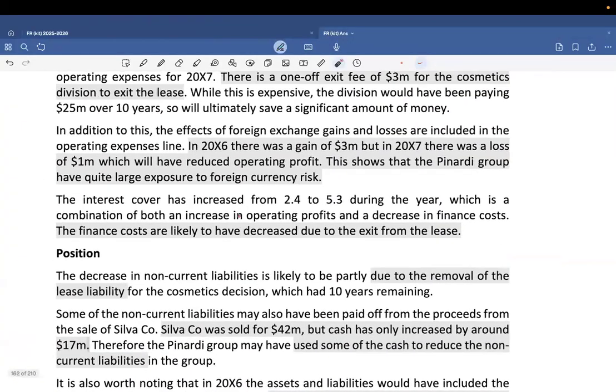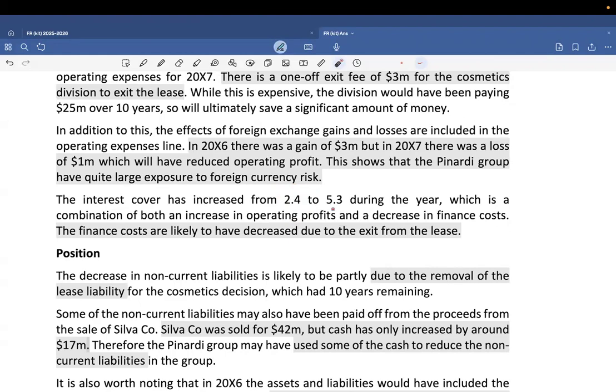Now, the interest coverage ratio. The interest coverage ratio has been good; from 2.5, it reached 5.3. This is due to the fact that the finance cost has been lowered and the operating profit margin has increased, so the numerator is greater than the denominator, basic maths.